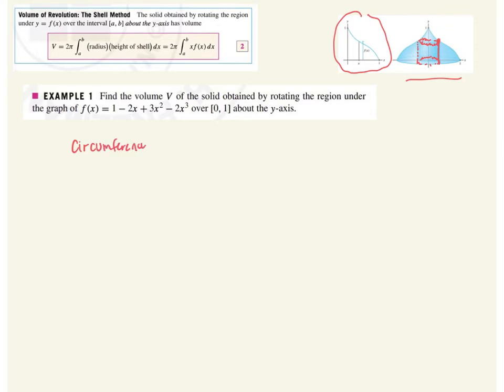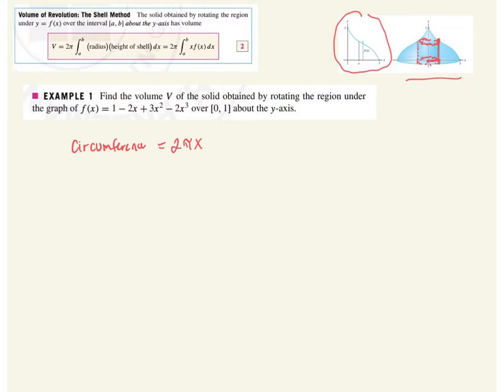And it's always that, of course, basic formula of 2 pi r. And the radius in this case, if you take a look at our shell, like I was saying, it's x equals, but it's just what is the x value? Right, whatever that x value is within our limits of integration. So 2 pi x will be our circumference every time.